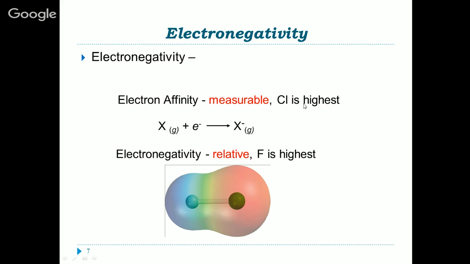Chlorine is the highest. However, of the electronegativity, they're all relative to each other. So there's lots of studies that have been done with these potential maps, seeing where the electrons exist most of the time for different compounds. So electronegativity, fluorine is the highest. It has the strength to pull electrons towards it in a bond.